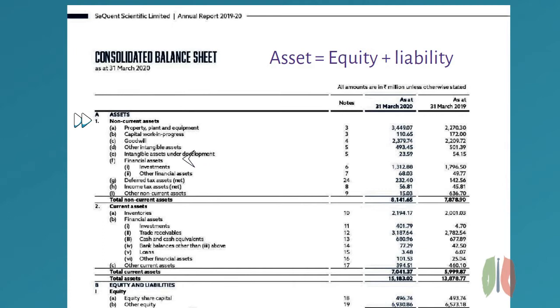Next, financial assets. In that, investments. Investments are mainly in stocks and equities and others. These are meant for the long term, so that is why they are in the non-current assets part. Next, other financial assets. In other financial assets, these are security deposits and margin money deposits.